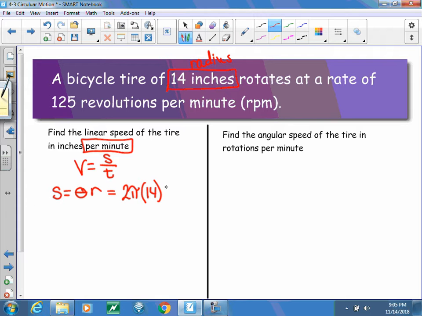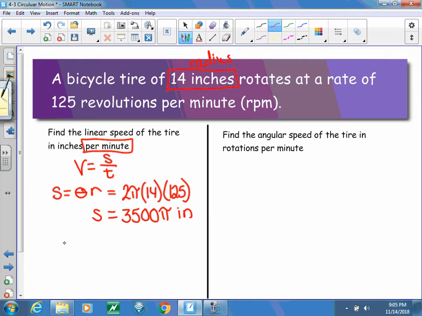Now the fact that you are making 125 of those revolutions means we need to multiply that arc length by 125. So our arc length is now 3,500 pi, in inches.